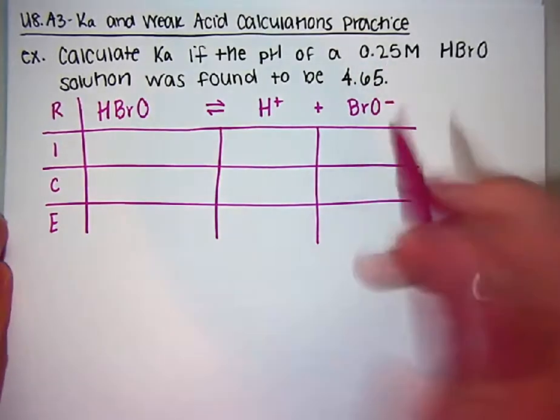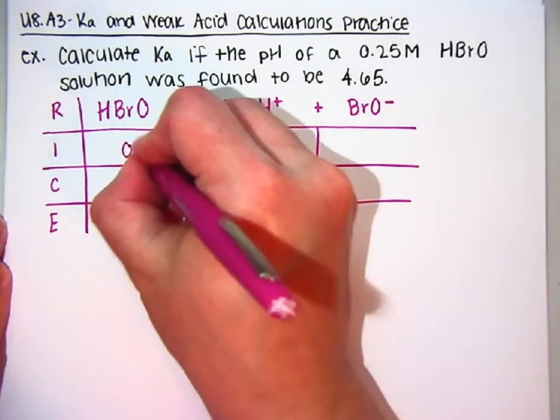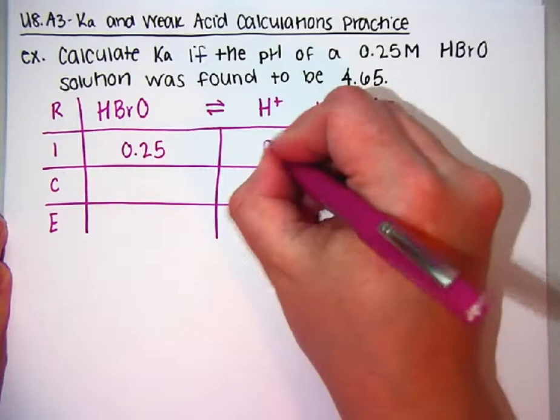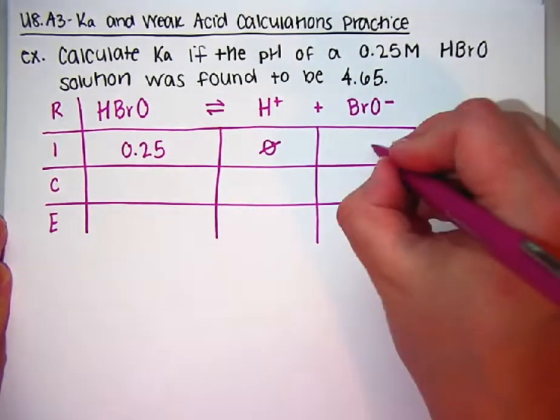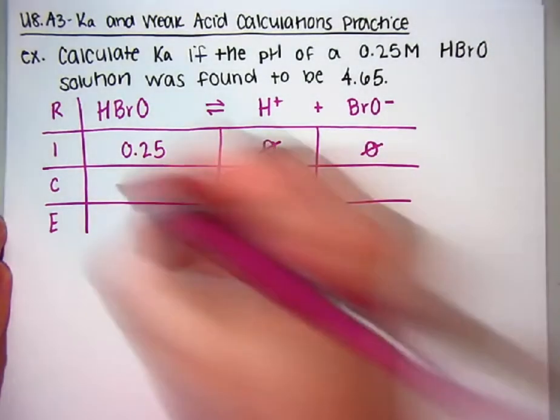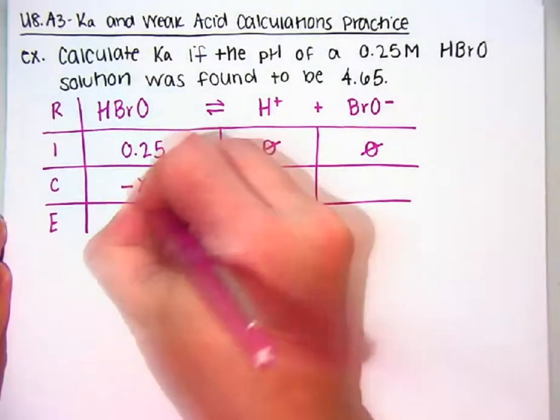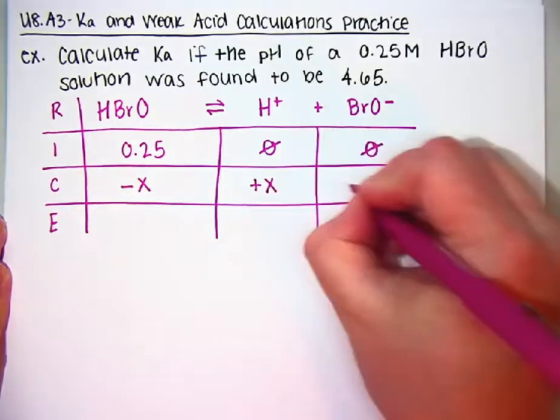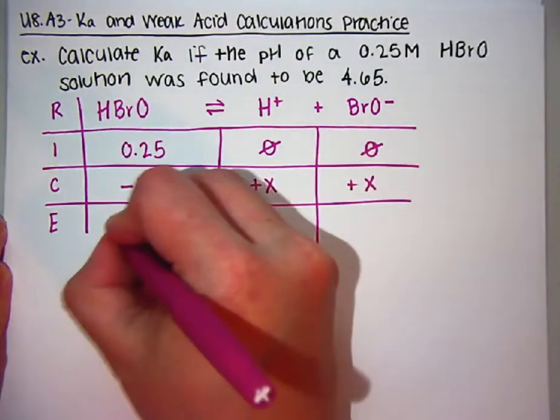So I have the initial concentration of my acid, 0.25. Assume the products are always going to be 0. Reactants decrease in concentration, products increase in concentration.